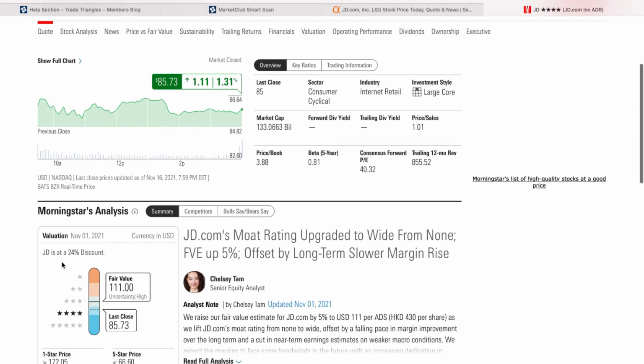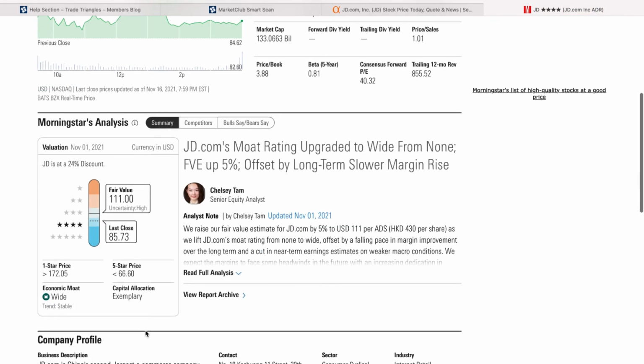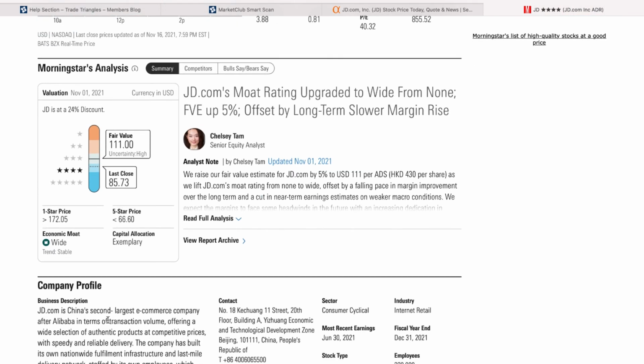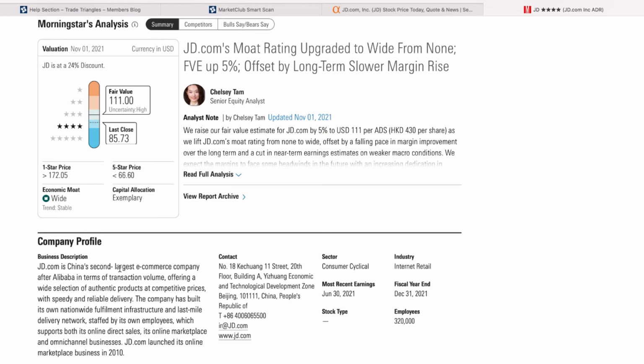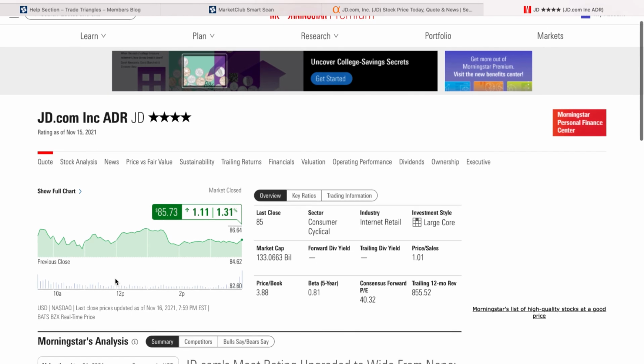Trading at a 24% discount, fair value 111, last close 85.73. Okay, so for those of you who don't know, JD is China's second largest e-commerce company after Alibaba. Okay, I'm definitely considering this.